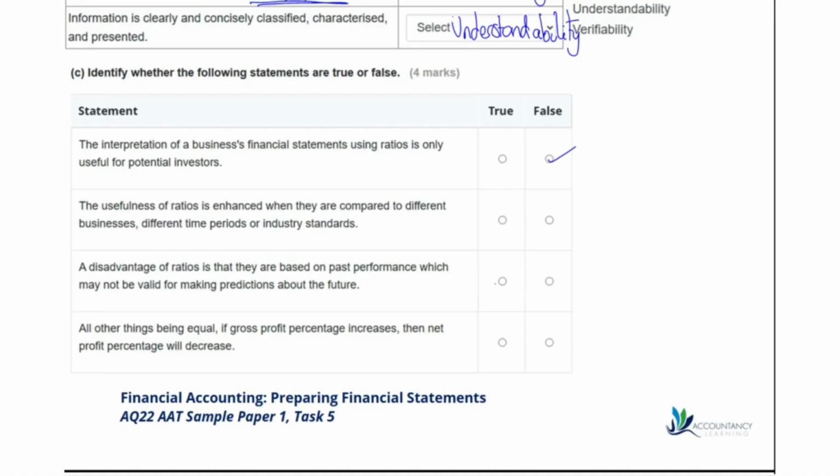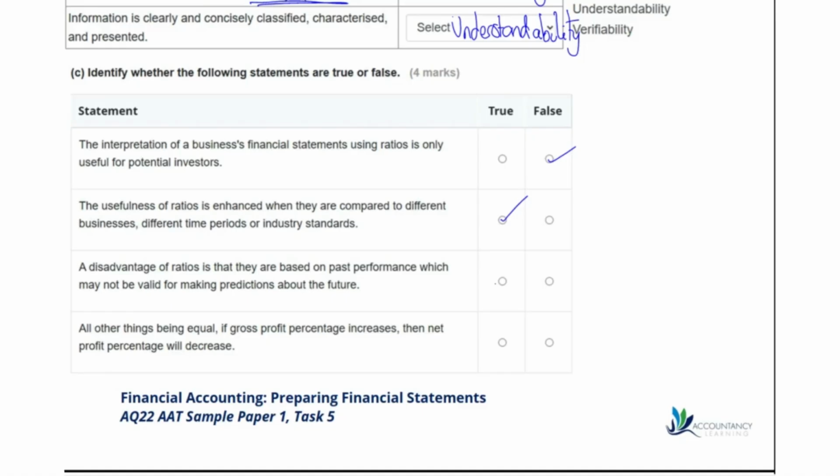The usefulness of ratios is enhanced when they are compared to different businesses, time periods, or industry standards. So this is true. A standalone ratio on its own may not give us too much information, but when we compare that against different businesses, time periods, or industry standards, it means we can then assess how well that business is performing.